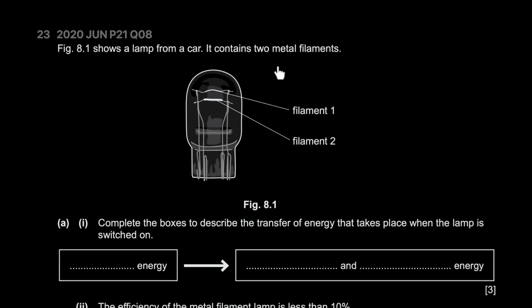It shows a lamp from a car. Complete the boxes to describe the transfer of energy that takes place when the lamp is switched on. Well, what is the energy supplied to the lamp? It is in the form of electrical energy, and it is transformed into heat energy and light energy.